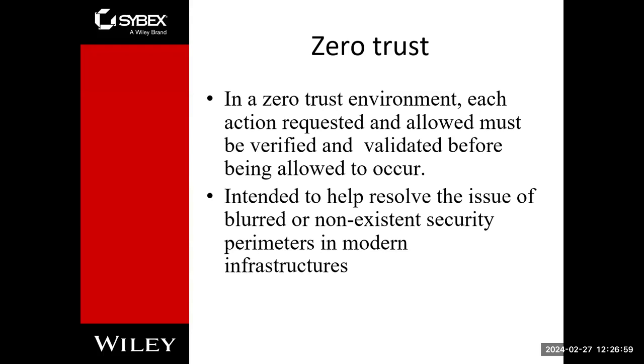Each action requested and allowed must be verified and validated before being allowed to continue. So this concept is set to help resolve questions that arise when it comes to security, especially around the perimeter, the logical data perimeter.